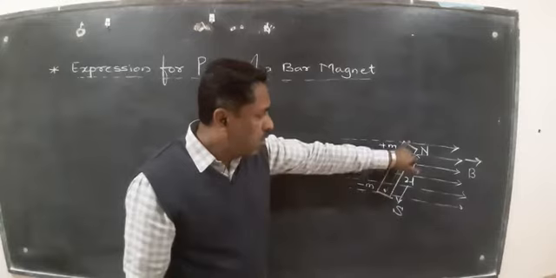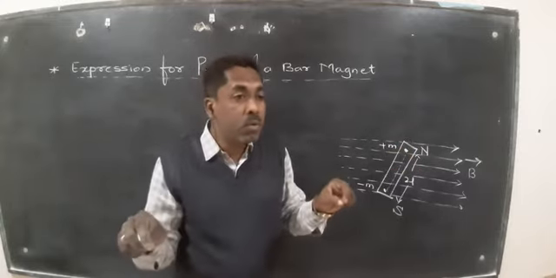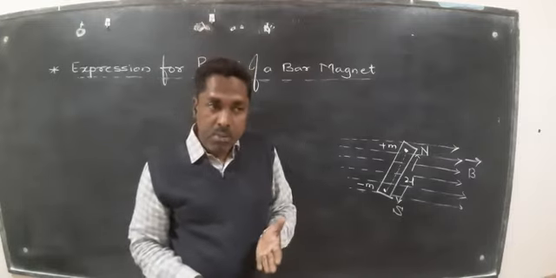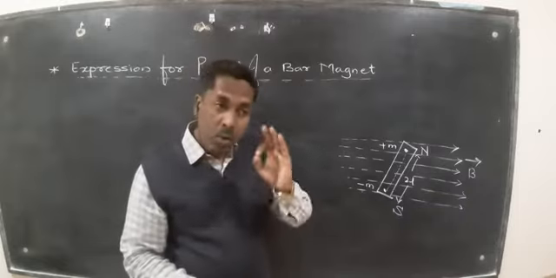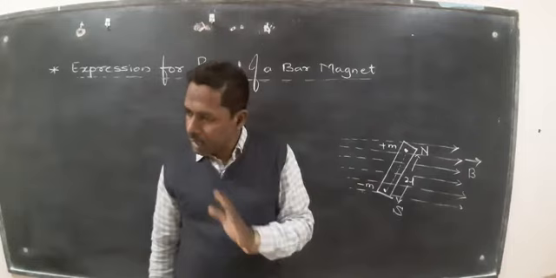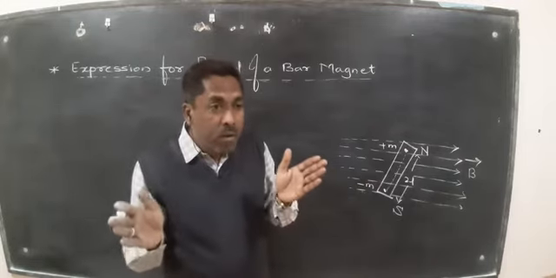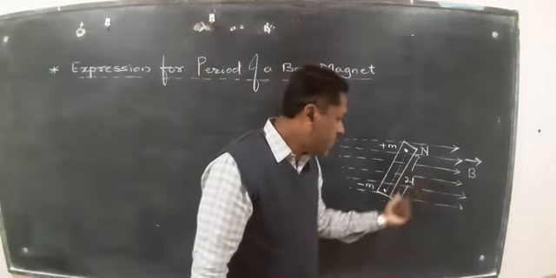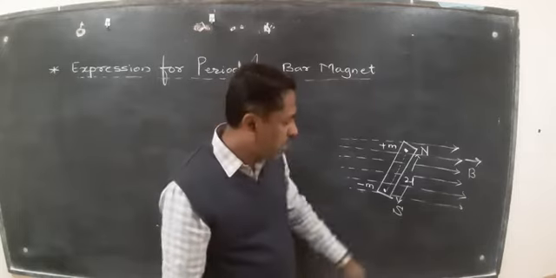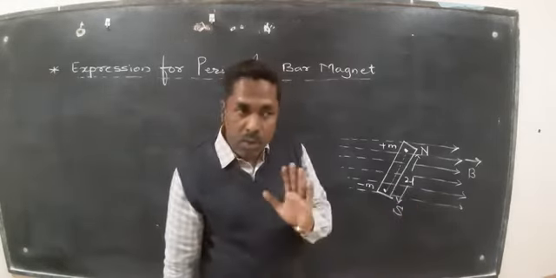There is a line which is joining the two poles of a magnet, that is called the magnetic axis. What is the magnetic axis? A line which is joining the two poles of a magnet is called the magnetic axis. The distance between two poles of a magnet is called the magnetic length, represented by the factor 2L.